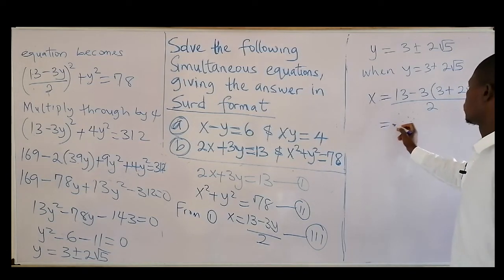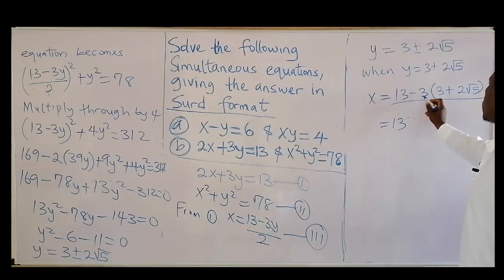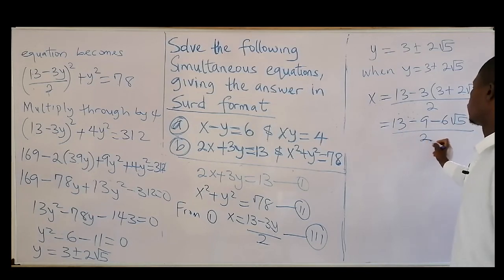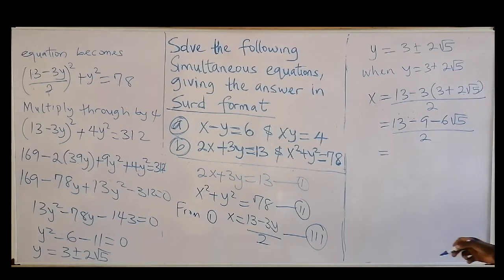And that will be equal to 13, 3 times 3, that's minus 9, minus 3 times plus 2 root 5, that will be minus 6 root 5 all over 2. And that will give me 13 minus 9, that's 4, minus 6 root 5 all over 2.